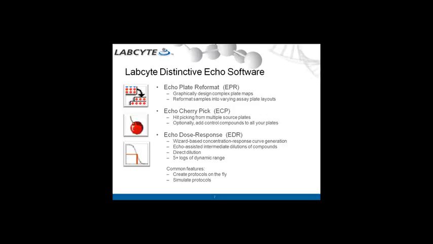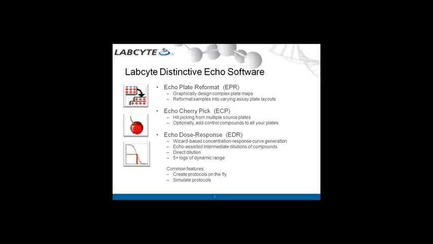So Labcyte offers 3 easy-to-use software applications. We have Plate Reformat, which can be used for replication and reformatting, transferring reagent from any well to any well. Echo Cherry Pick can be used for hit confirmation from multiple sources. Echo Dose Response software allows the user to generate IC50 or EC50.